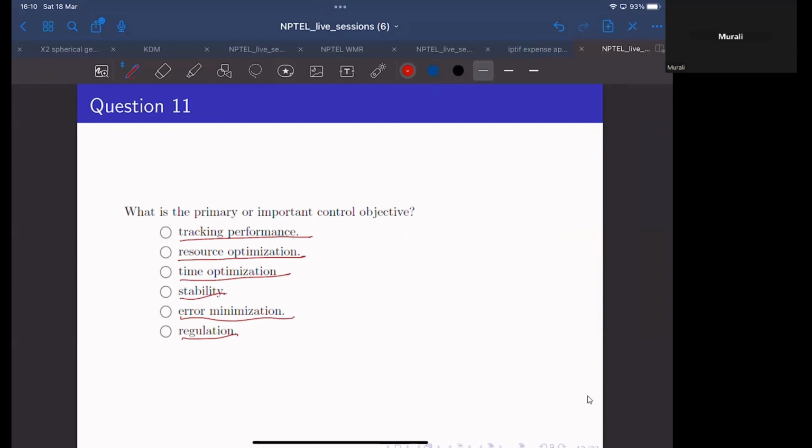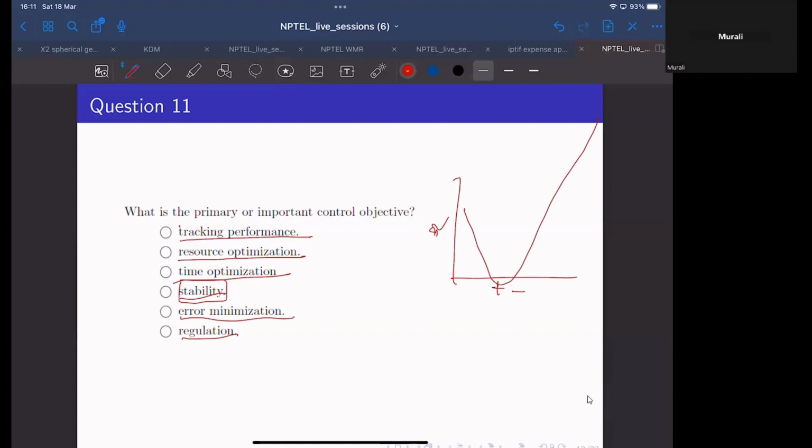But it doesn't matter, if the system is not stable, if the errors go out of bound as time progresses, then irrespective of how the controller fares in tracking or optimization or error minimization or regulation, it doesn't matter because the system is bound to blow up.